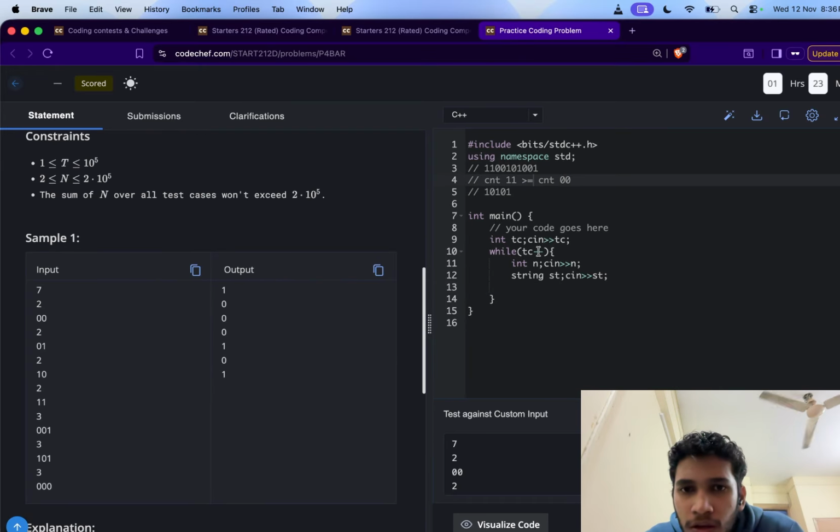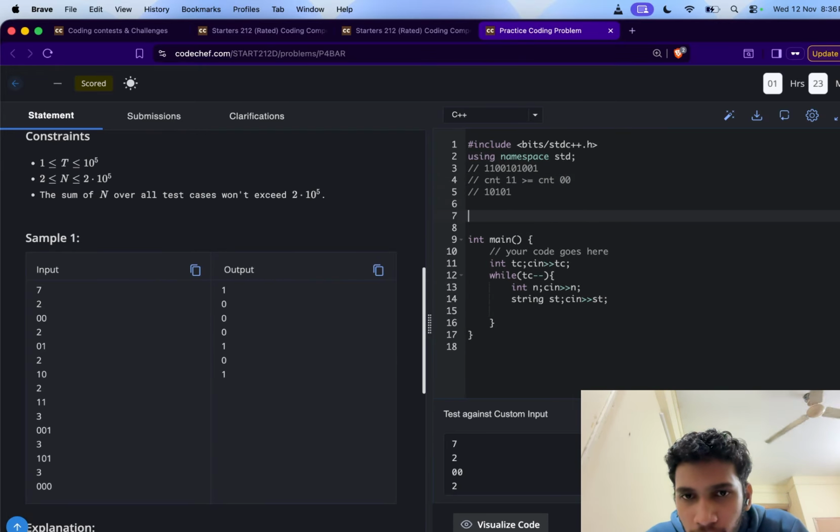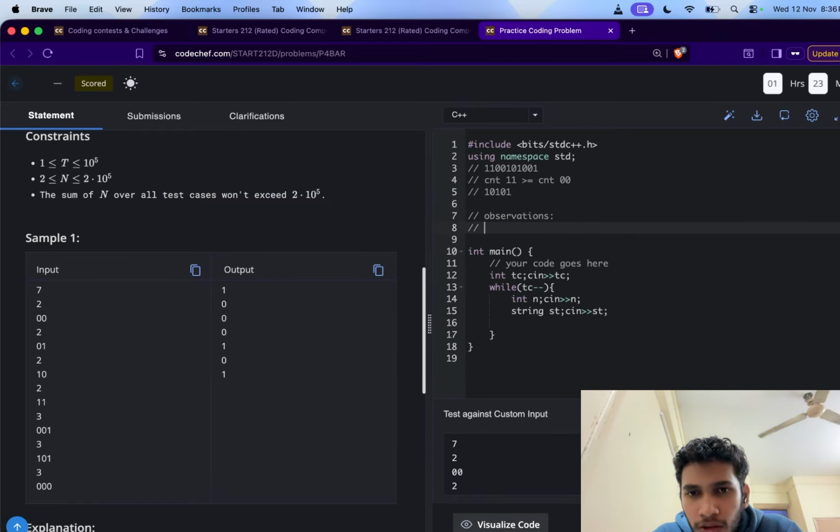Okay, let's write down some of the observations. Let's say we had 3 consecutive zeros. If we do a bit operation on the middle index, that is the third index, what does it become? And what are the values of 1, 1 and 0, 0?